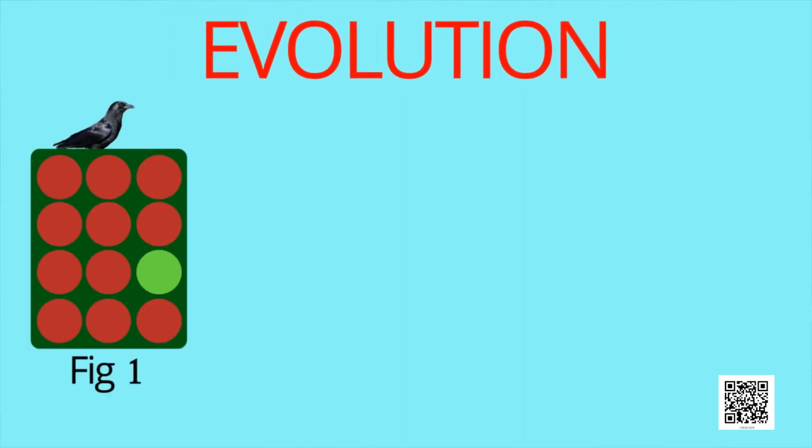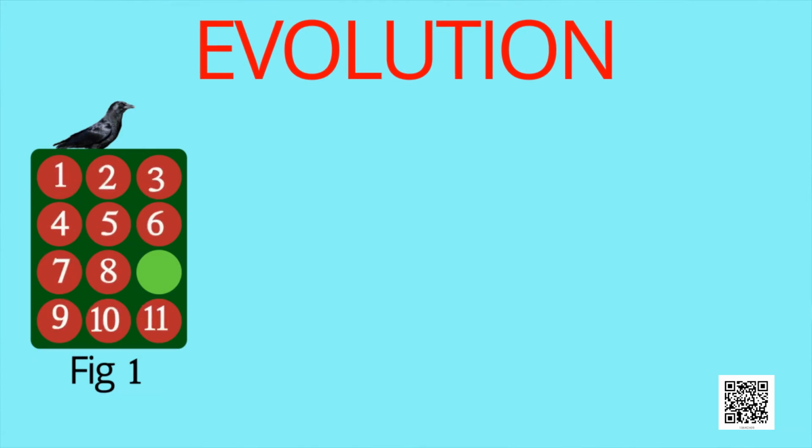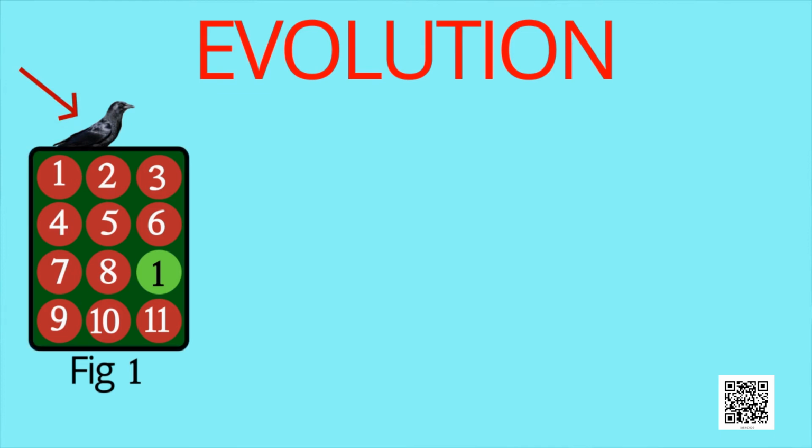Let us understand this with the help of one example. In the picture shown here, there is a group of 11 red beetles and there is one green beetle among them. The crow shown in the picture can feed upon these beetles. Now let us assume that these beetles live in bushes with green leaves.